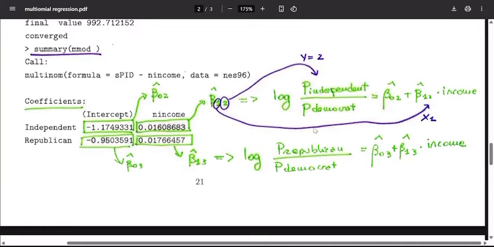Now when you go to the Republican aspects, it's going to be that for that, and that for that. Which means beta 01 is not captured. The beta 01 represents the intercept for the Democrat that was nested in the intercept. Does that make sense? Now, this is the estimated model.